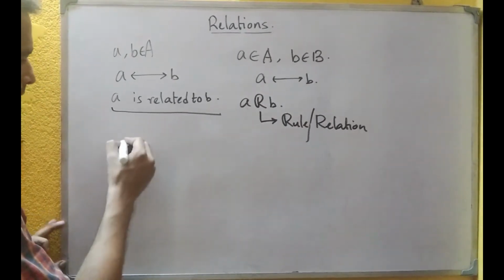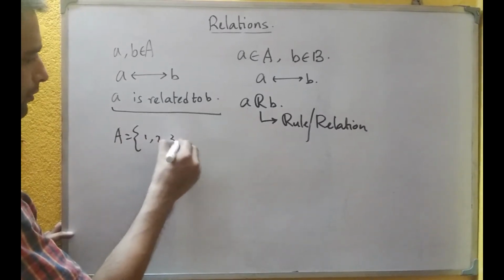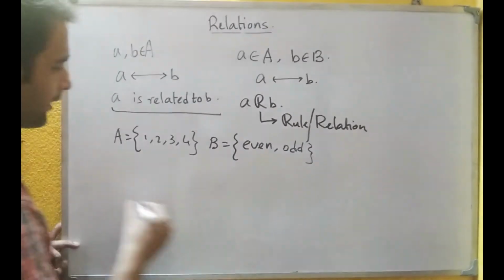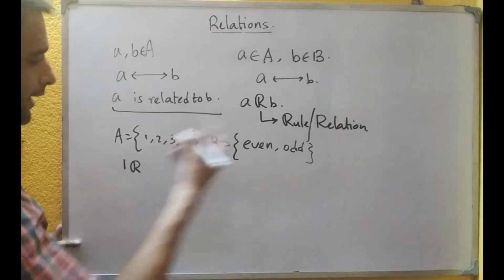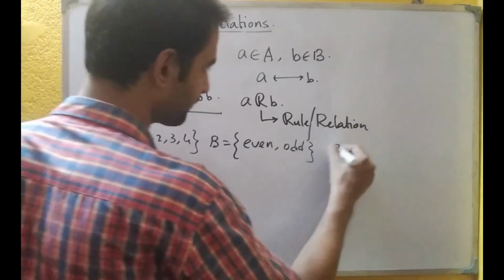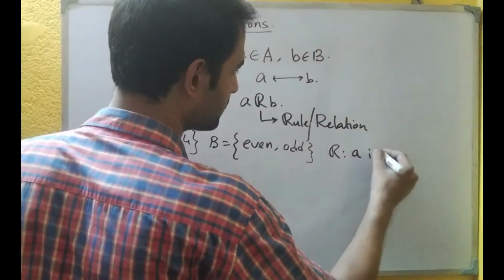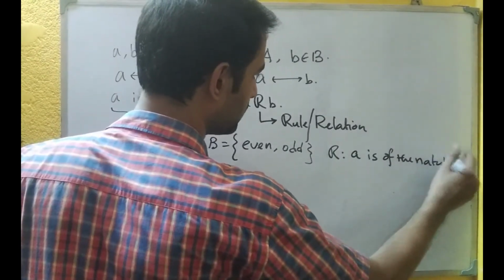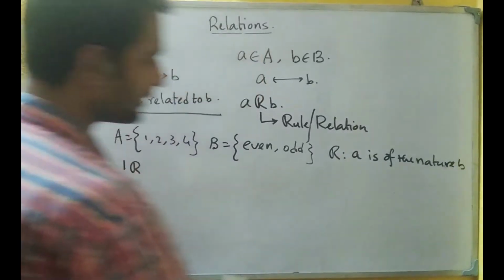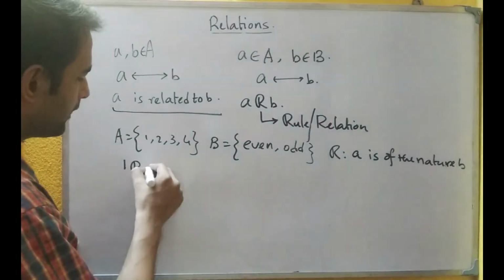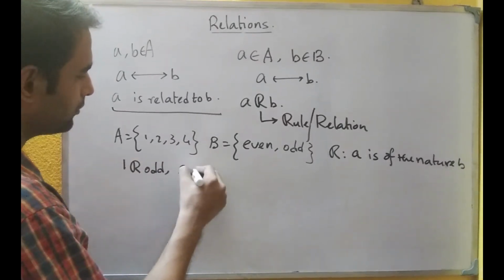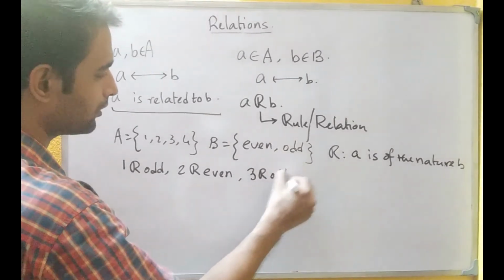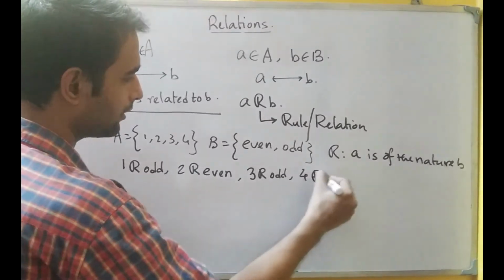In the previous example, where A was 1, 2, 3, 4 and B was even and odd, we can write it like this: 1 R, and if the relation is R, that A is of the nature B. If this is the relation, then we can write 1 R odd, 2 R even, 3 R odd, 4 R even.